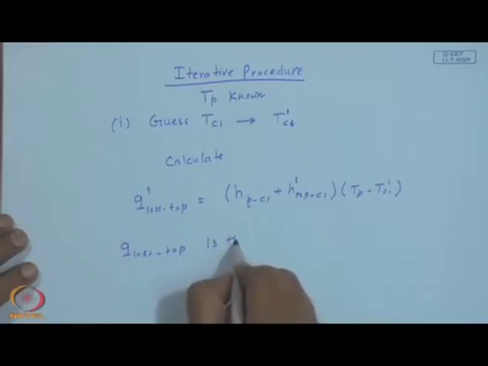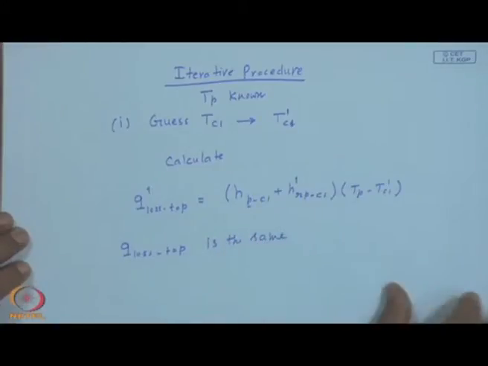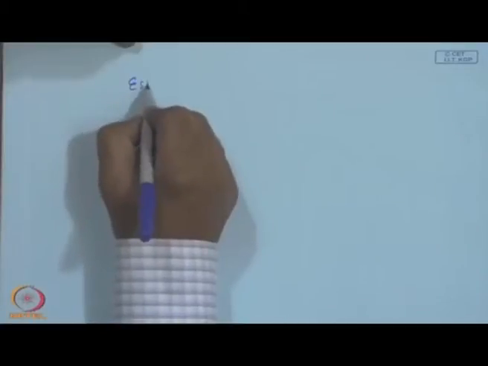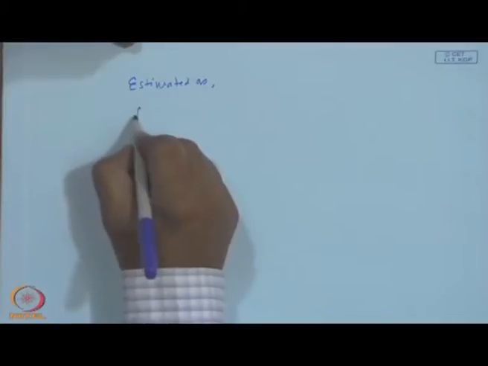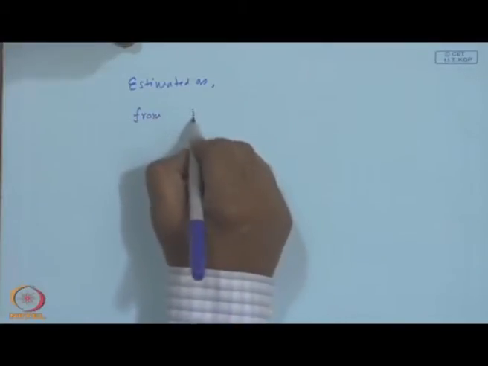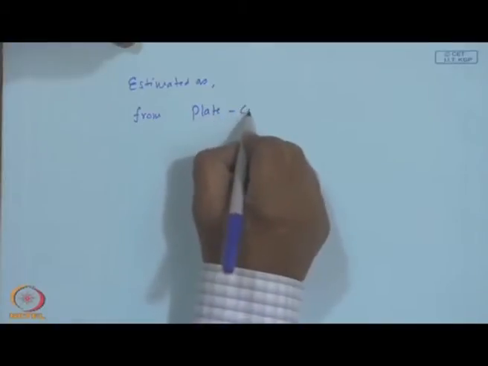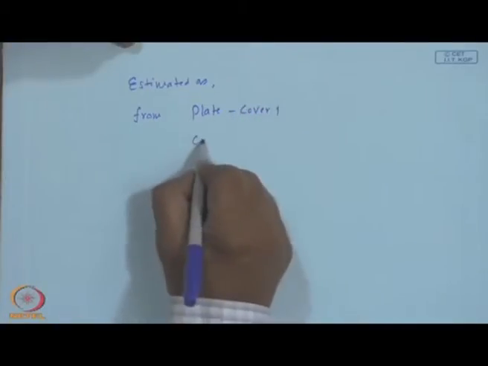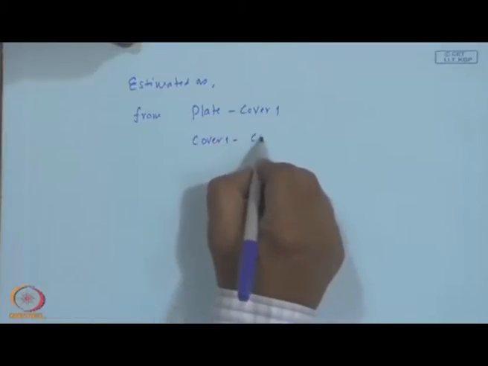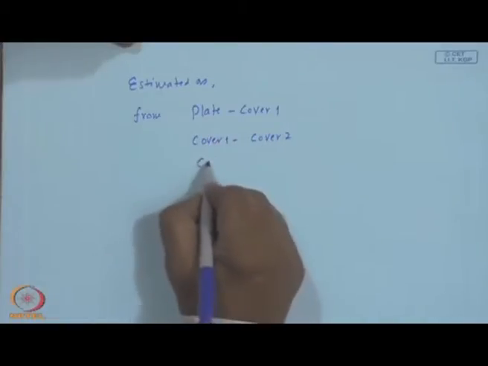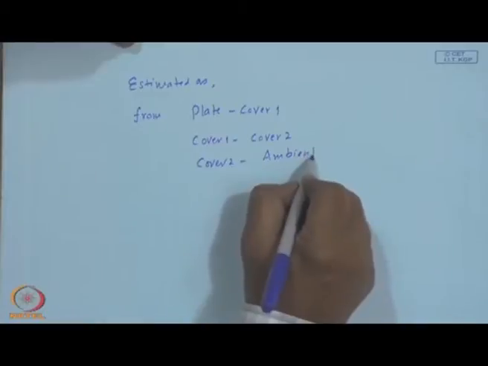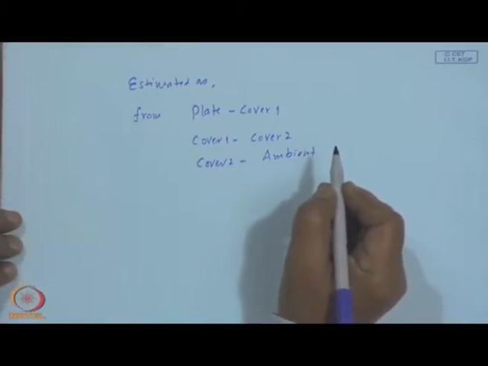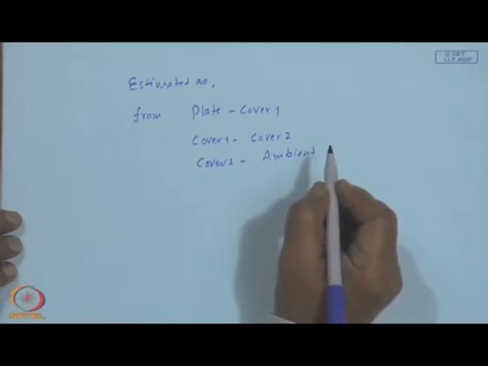is the same as estimated from plate to cover 1 or cover 1 to cover 2 or cover 2 to ambient, and the sky part which we have already taken care of in defining the radiative heat transfer coefficient.